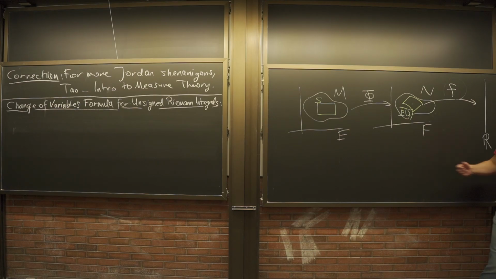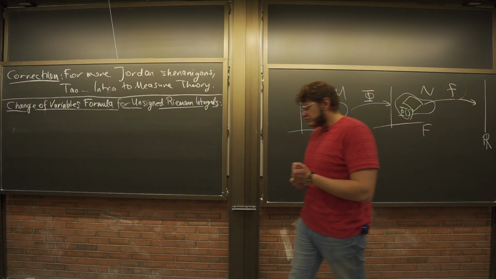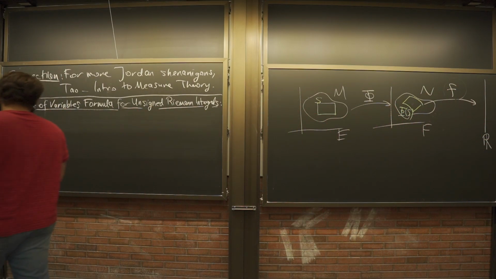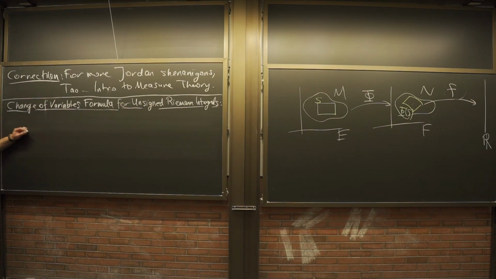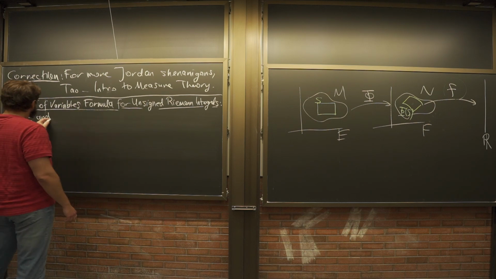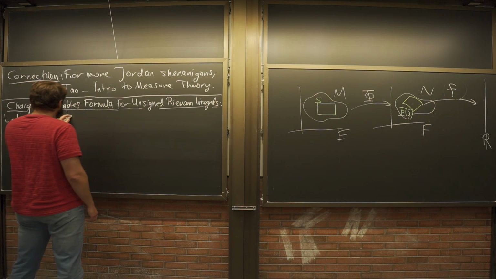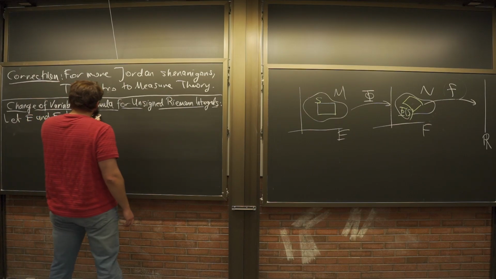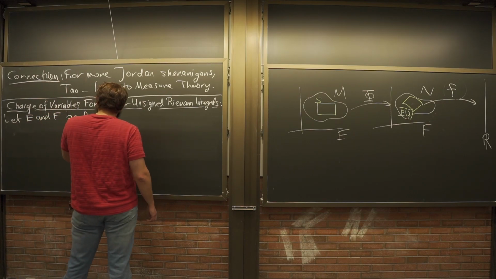And so when you think about the assumptions that one could use to make sense of all this, it could go like this. Let's write it like so. Let E and F be finite dimensional inner product spaces.